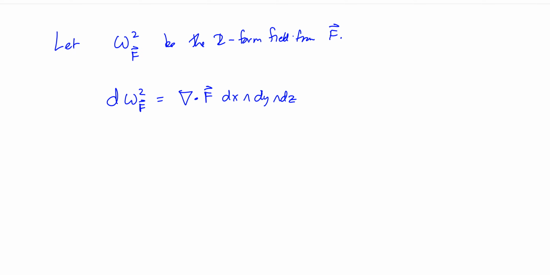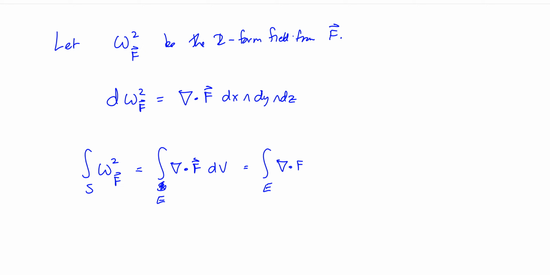So in particular, if I take the divergence theorem, I can write the integral of this two-form field as the integral over E of the divergence of F dx wedge dy wedge dz.